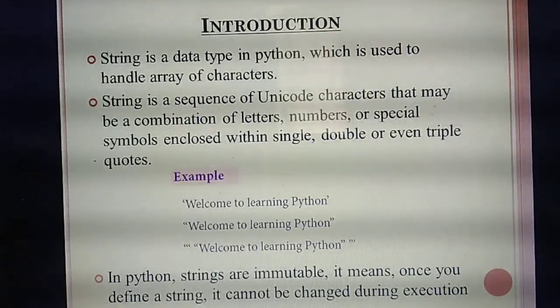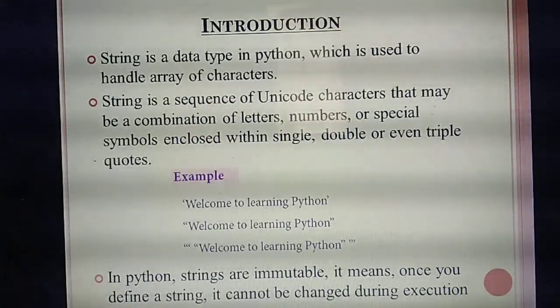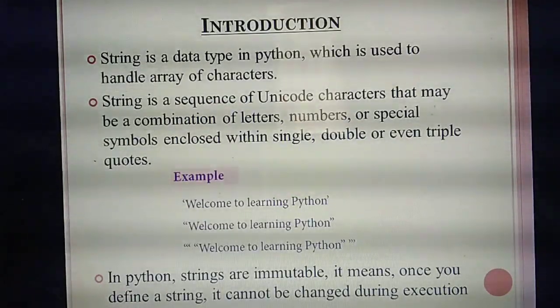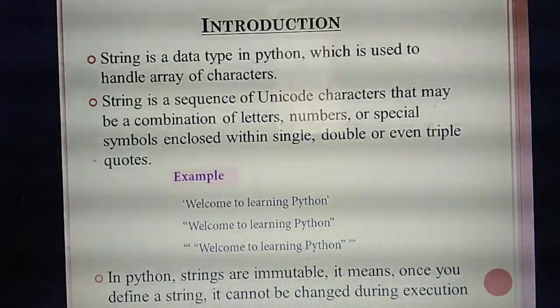Understand? So a string is a collection of characters. It will contain a combination of letters, numbers or some symbols; we can use them in this string data type.